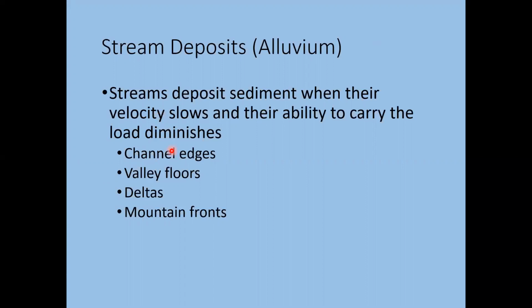Well, we know that on channel edges it can happen where we get point bars. On valley floors it can happen, lower elevation, low gradient, so when a river reaches a valley floor, the material is going to come out.